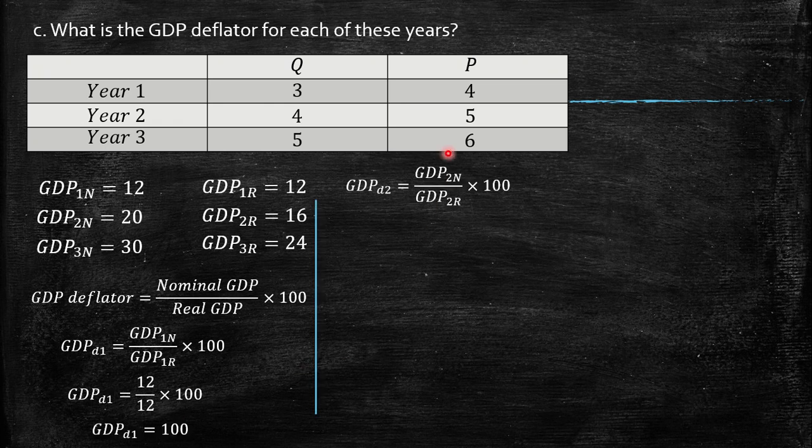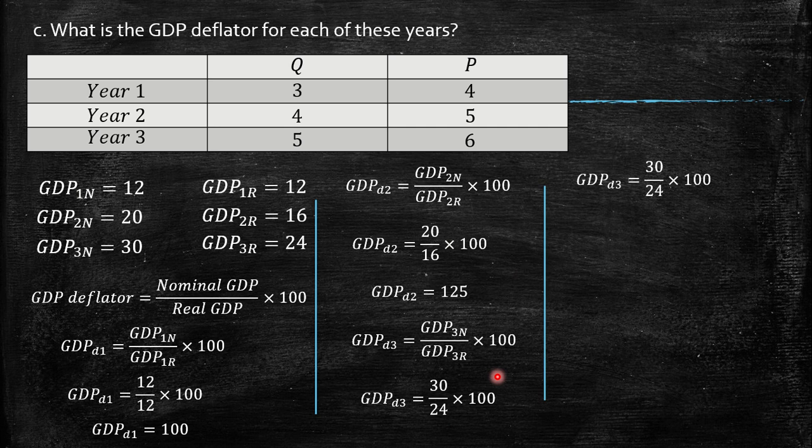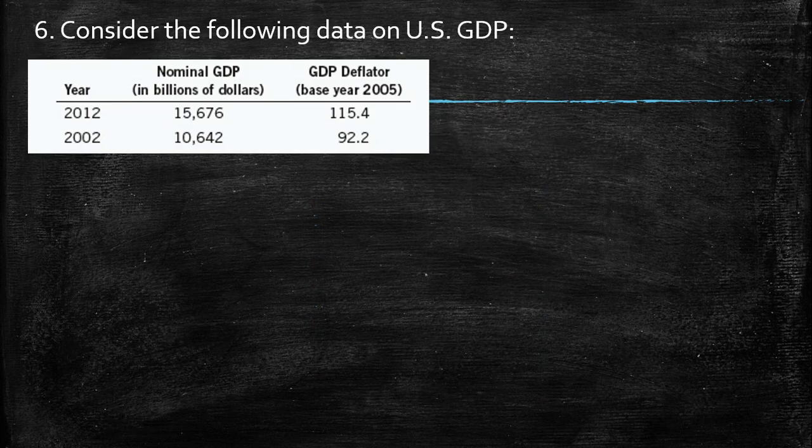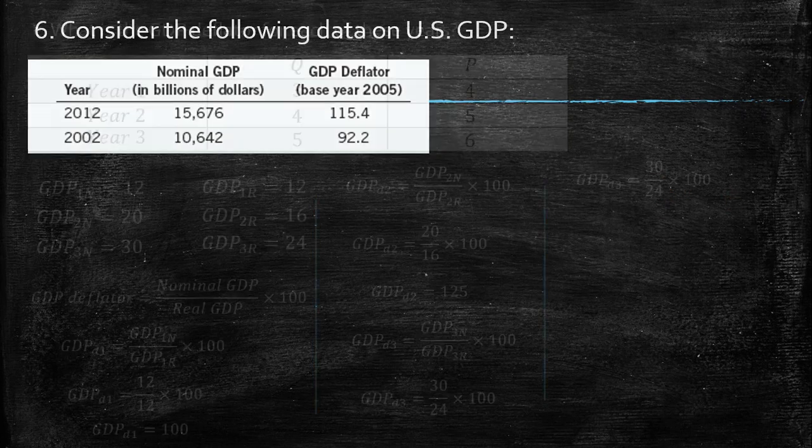The deflator for year 2 should be nominal over real, so we have nominal 20 over 16, so we have 125. And for the third year it should be 30 over 20, not 24. And then we have 30 over 20. Then, if I'm not wrong, it should be 150.